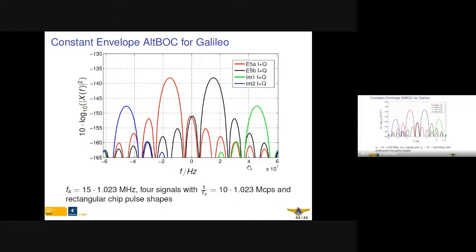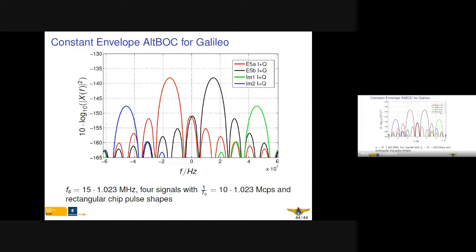This is the case of the Galileo AltBOC signal. The interesting case is we can use the complete signal in the receiver for processing as a modem, and then for correlation we can build this complete signal out of the 8 components and use this for correlation, which is then called AltBOC processing.